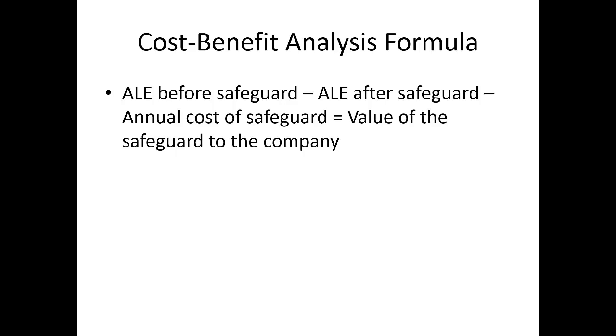But then the safeguard is not free, so besides the benefit amount, we have to also consider the annual cost of the safeguard. That's why we have to subtract the annual cost of the safeguard as well. That way we're considering the cost of the safeguard. So that's giving us the value of the safeguard to an organization.